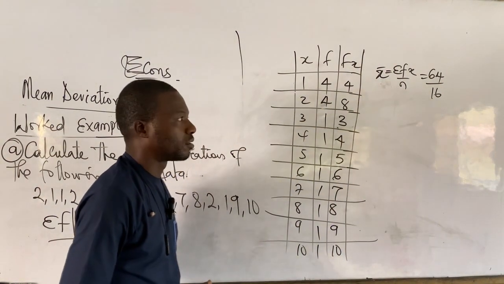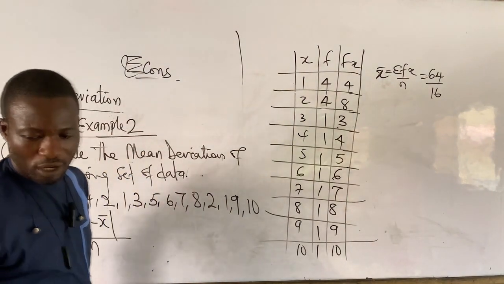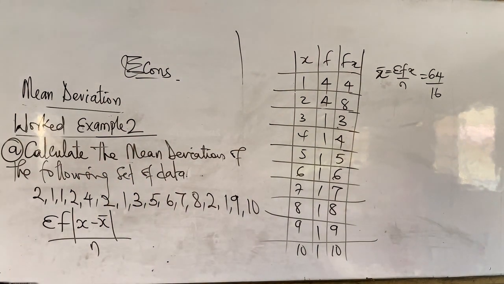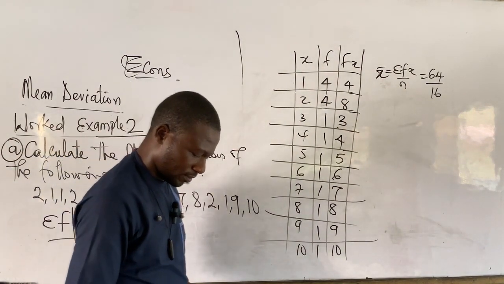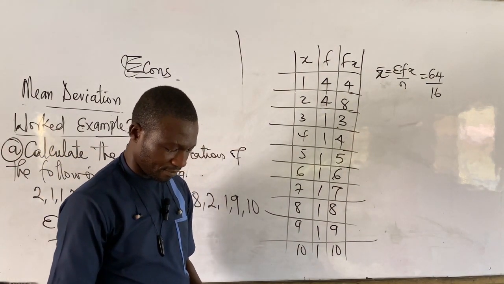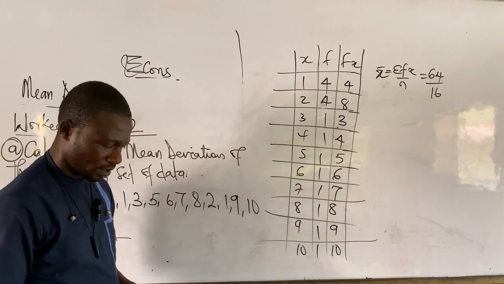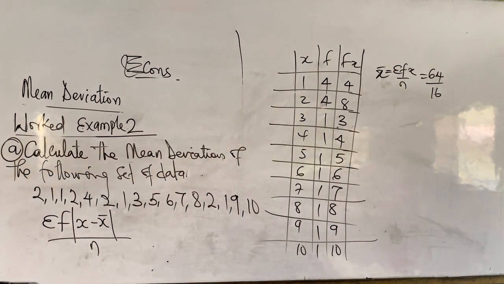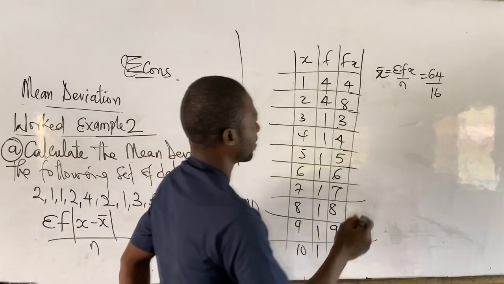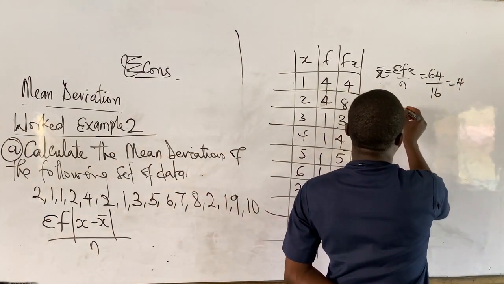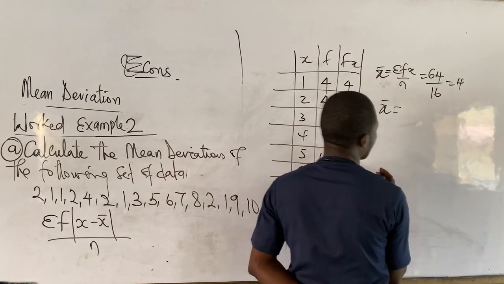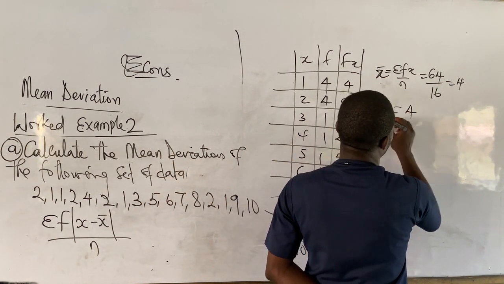So 64 divided by 16. Quickly, let's check our calculator to see what we have there. 64 divided by 16 gives us 4. So therefore, our answer is 4. So our x bar, which is the same thing as our mean, is 4.